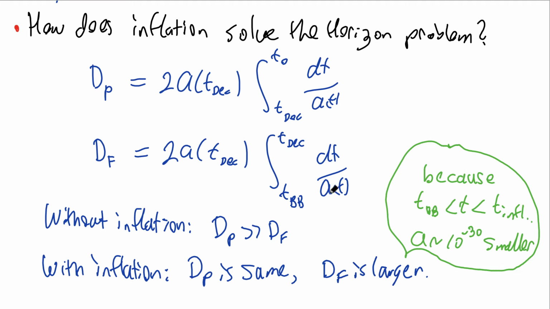So that makes this integral much larger, even if the time between the Big Bang and inflation is small. If this scale factor is small enough, we can make the integral as large as we like. So d f can be as large as we like by adjusting these parameters in a suitable way. And we can avoid this horizon problem of d p being much larger than d f.